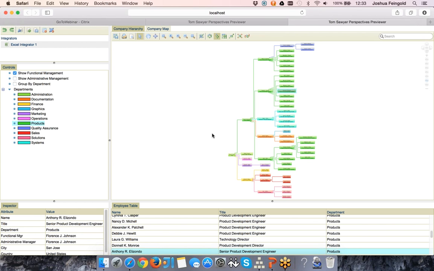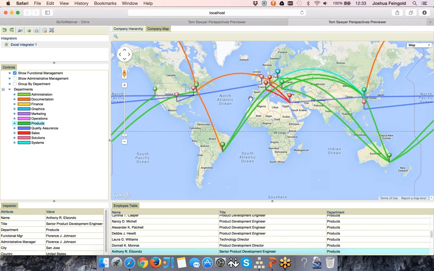So the answer is fundamentally yes. This is a very simple example because we don't want to go into exhaustive detail and show people stuff that is perhaps too specific. But yes, any information that you can explicitly store or infer from information that is stored, you can add into either your topological view of the company hierarchy or your map view of the geographic locations of the workers in the company.